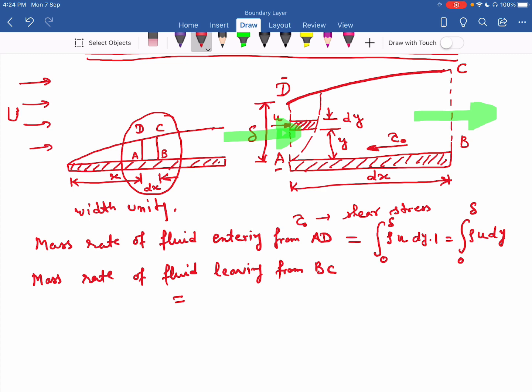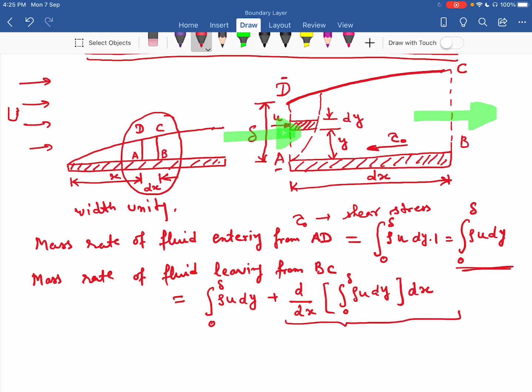So that increment in this term I can write as integration of rho u dy from 0 to delta plus d by dx of this term, rho u dy from 0 to delta, into dx. This represents the small increment along the x-axis for length dx.